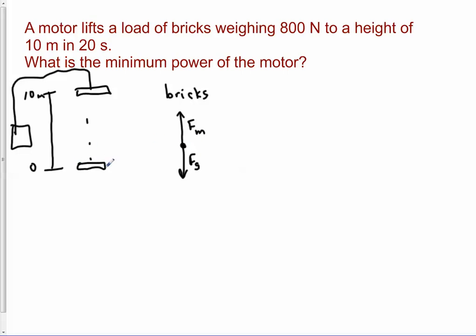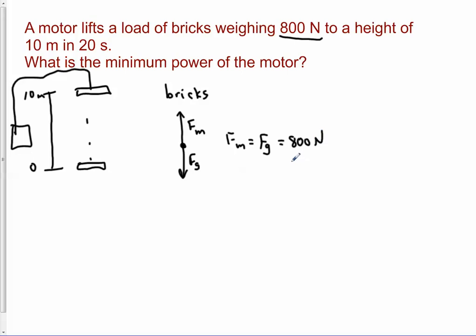It starts at rest and ends at rest, and in the middle it probably accelerates for just a split second, then goes at a nice constant speed, and then decelerates for a split second at the end to come to rest. But for most of the time it's at a constant speed, so the force of the motor has to equal the force due to gravity, which we already know is 800 newtons.